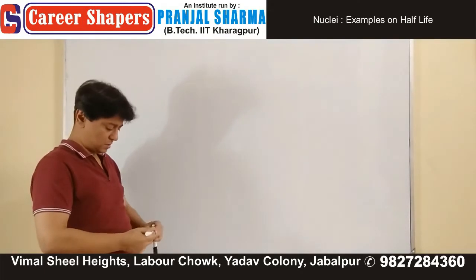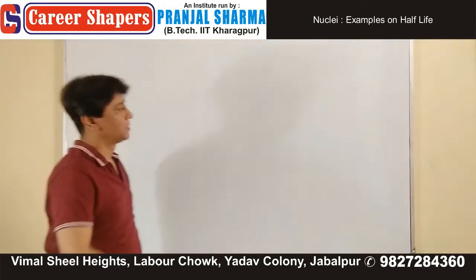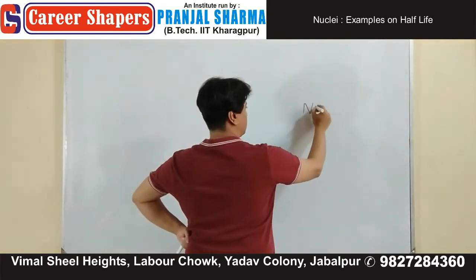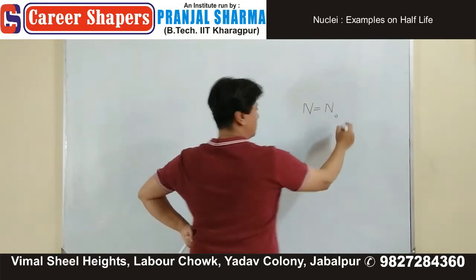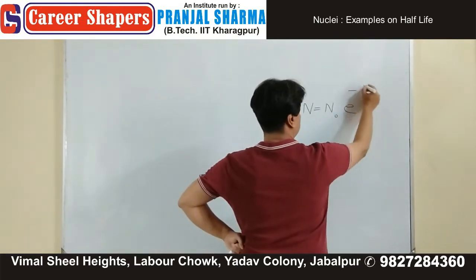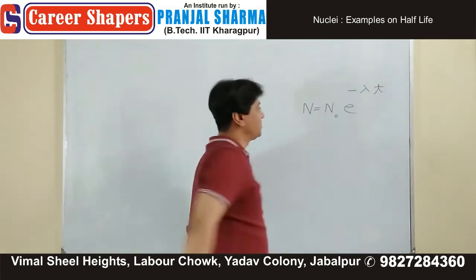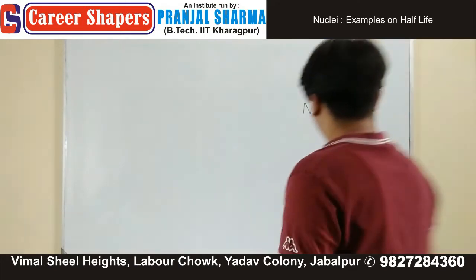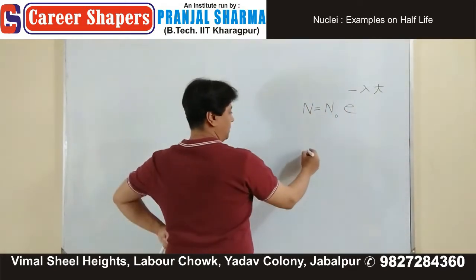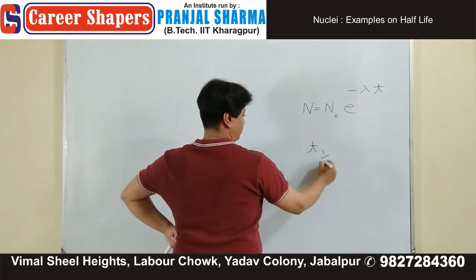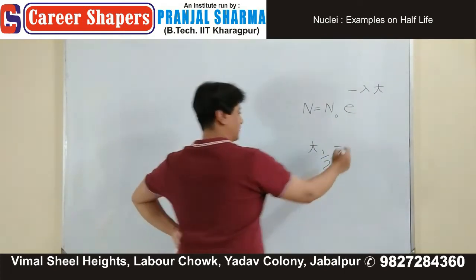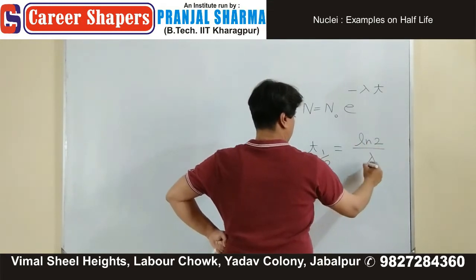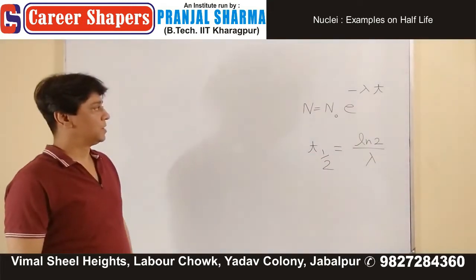Hello everyone. We're discussing radioactivity and we have developed N equals N naught e to the power minus lambda t, and we've also developed t half-life as ln2 divided by lambda.